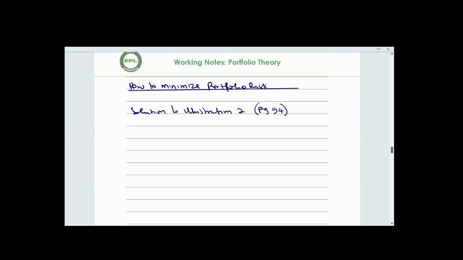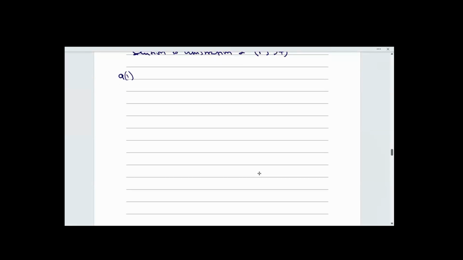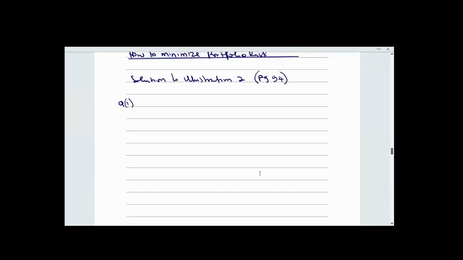According to the question, we're not given the name of the company or of the investor, so no worries. The examiner is asking you, number A, Roman figure 1, to calculate the expected return of individual security.